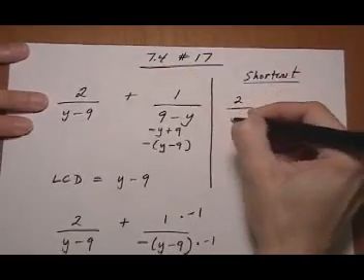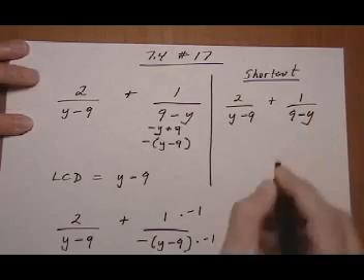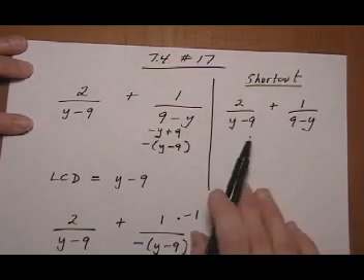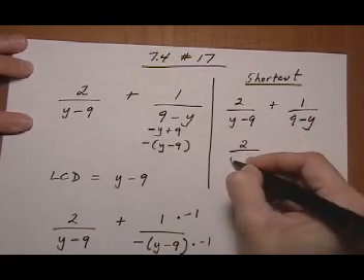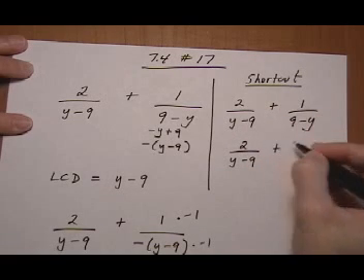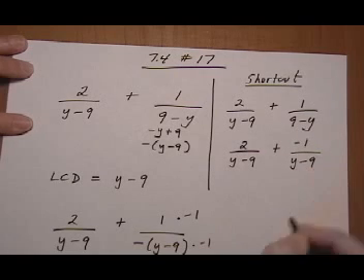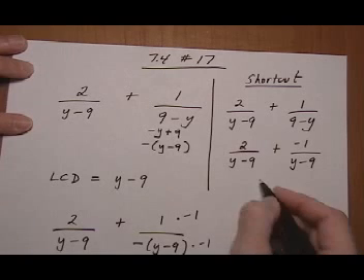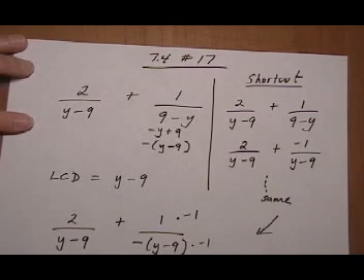So if I started with 2 over y minus 9 plus 1 over 9 minus y, as soon as you see you got one of those things happening where you got different signs but the exact same terms, then right away just rewrite the first one, and then here change the sign on top and make the other one exactly the same. And that's going to work every time you have that situation. And then from there, it's the same as the other work I showed before.